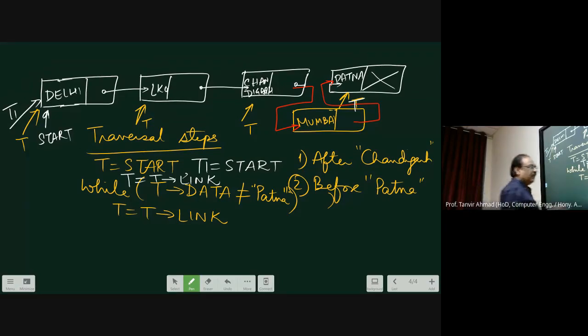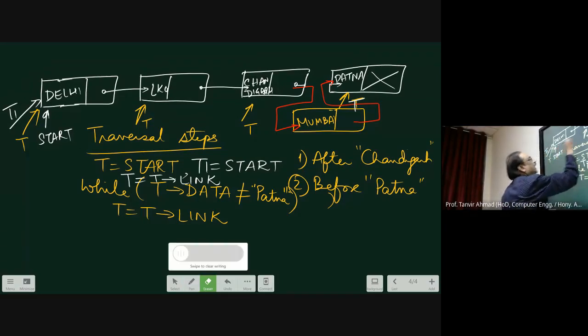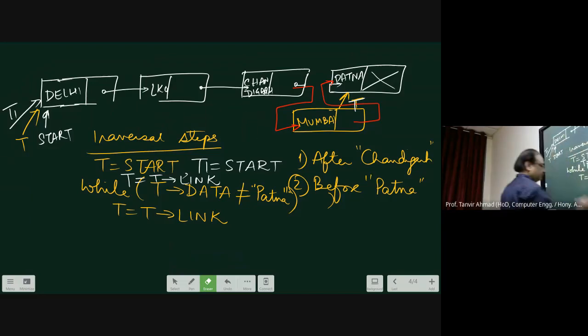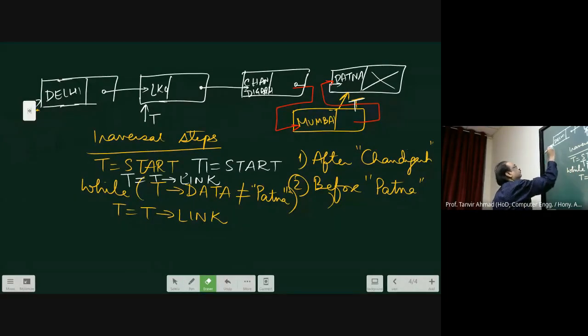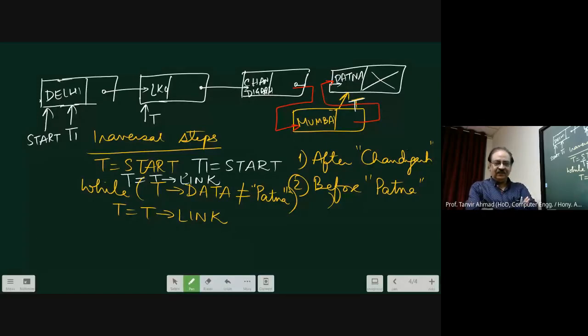No, but with this what will happen is that it will be something like this. T will be over here and T1 will be over here. Now I compare with T and then I move T also as well as T1 also.